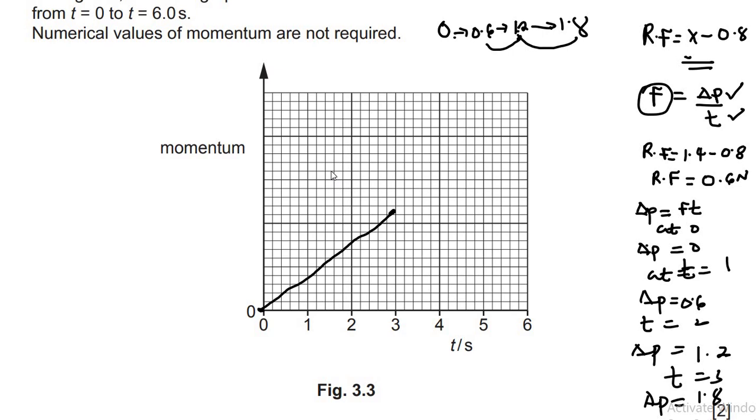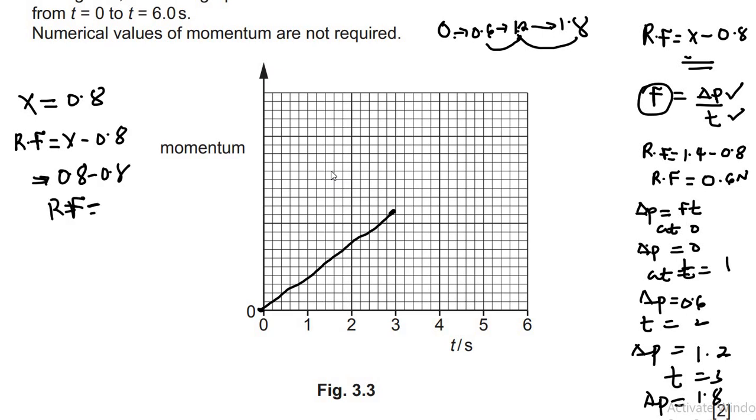Now from 3 to 6, remember that the force decreases. X now turns to 0.8. So from 3 to 6, resultant force is x minus 0.8, which is 0 all through. Remember that momentum is Ft.